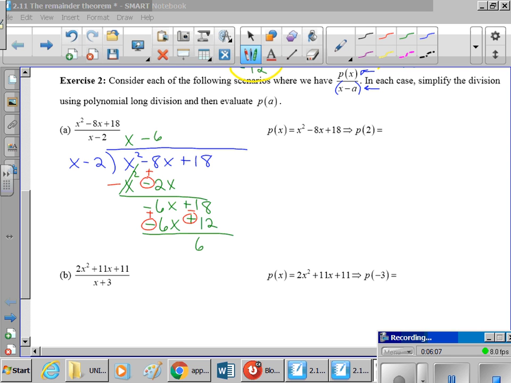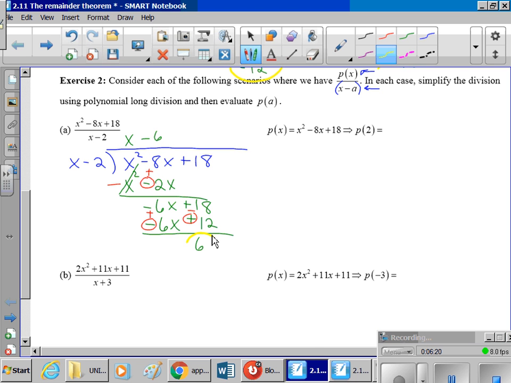So here are the solutions to the polynomial long division for exercise 2a. This one gives us a factor of x minus 6 with a remainder of 6. So if the remainder theorem holds true, that means when we do p of positive 2, remember it's always the opposite sign of what we're given in our factor. So here we're going to do p of positive 2.